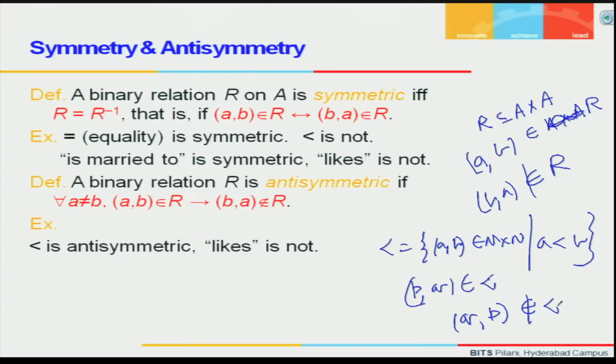Why? If P is less than Q, then Q cannot be less than P, as simple as this. Hence if P comma Q belongs to the less than relation, then Q comma P is not there in the relation. Hence less than is an anti-symmetric relation.